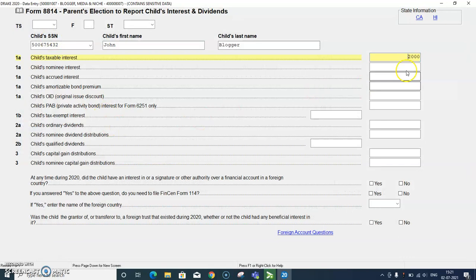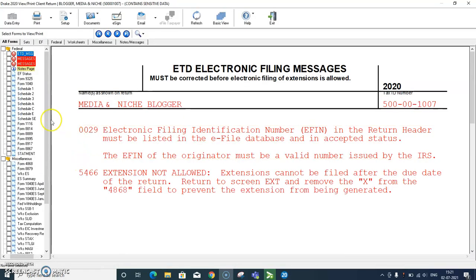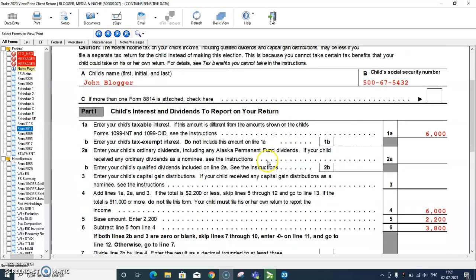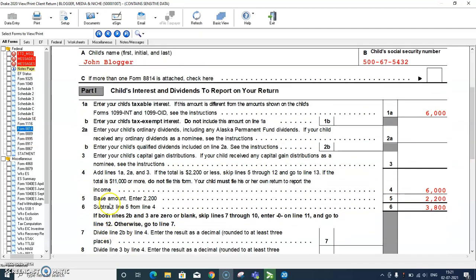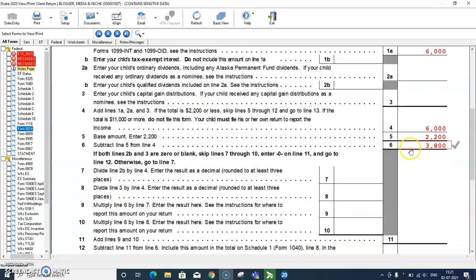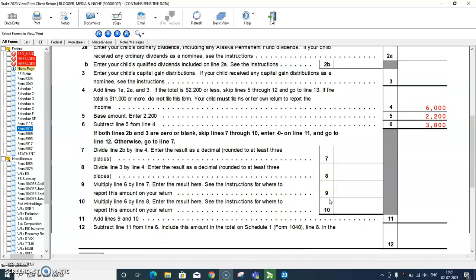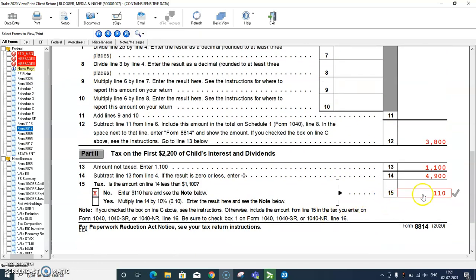Now we are going to change this amount and let's see how much it comes to. $6,000 I have reported, and you can see the base amount is $2,200. You can see $110. In our previous example, the tax was $90. Now it comes to $110. So you can see the difference.